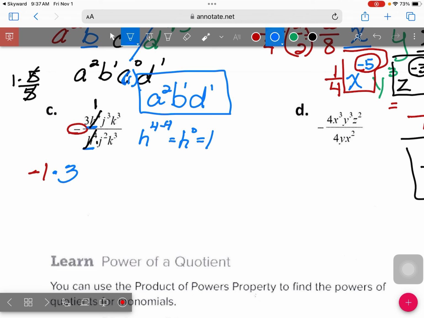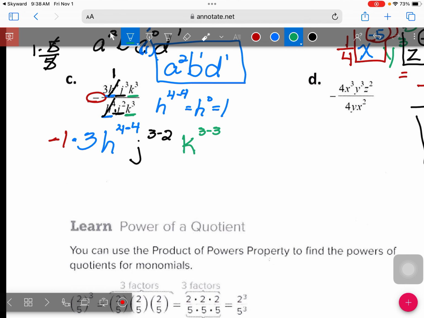So let's just write it out for now. This is h to the 4 minus 4. This is j to the 3 minus 2. And here is k to the 3rd divided by k to the 3rd is k to the 3 minus 3.